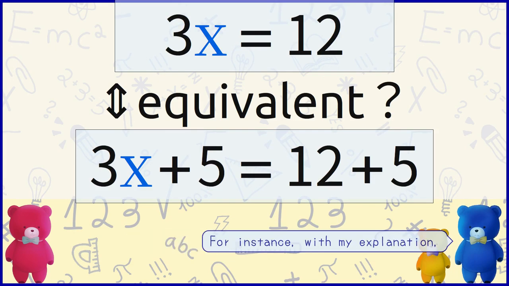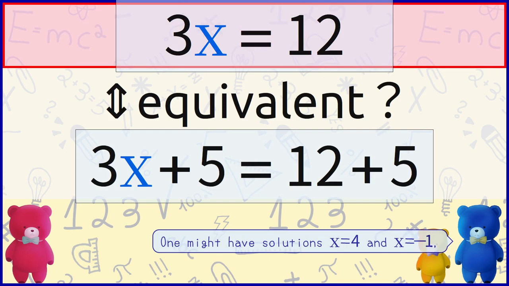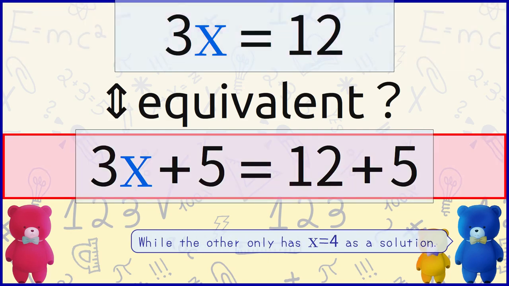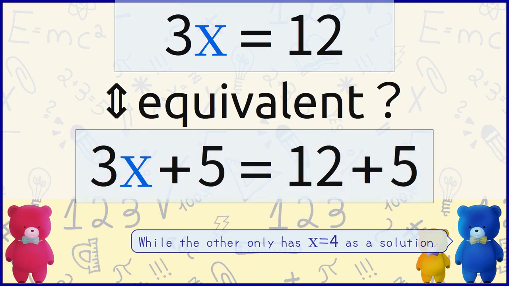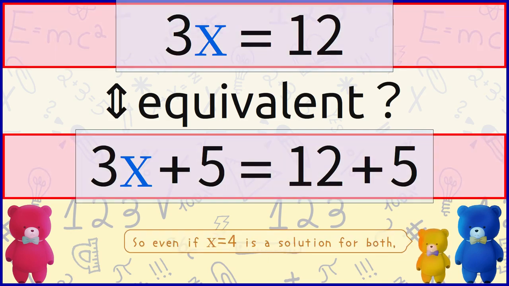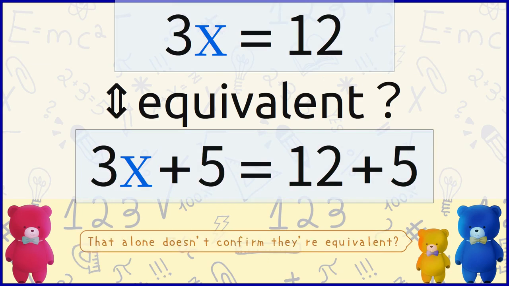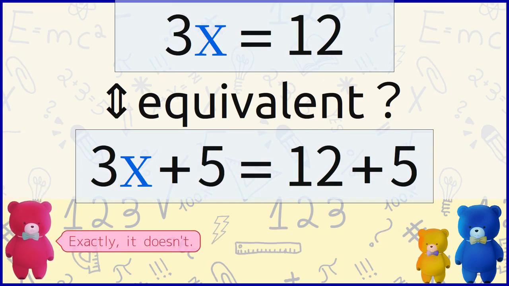For instance, one might have solutions x equals 4 and x equals minus 1, while the other only has x equals 4 as a solution. So even if x equals 4 is a solution for both, that alone doesn't mean they are equivalent. Exactly, it doesn't.